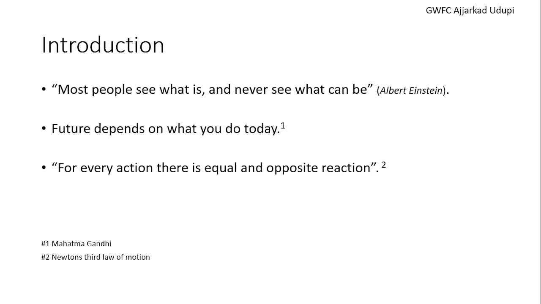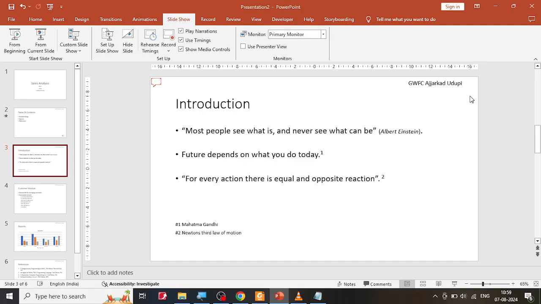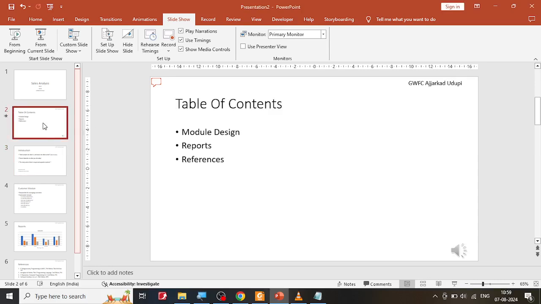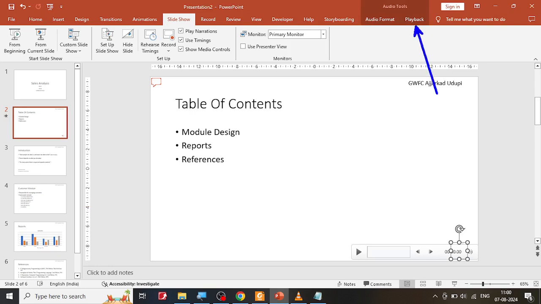Now suppose you want this song to be played throughout till the end, then what you are supposed to do? Let me go to this slide here and click on this audio here. That clip is there. Can you see that clip? I'm going to click on this speaker-like icon here. When I click on it, you get an additional tab here called Playback.